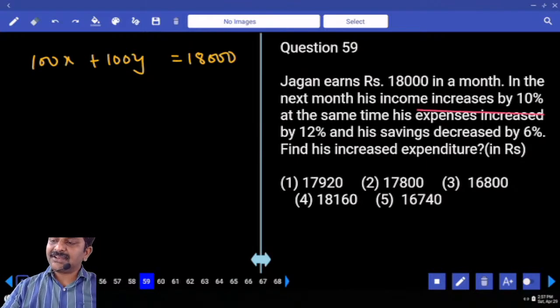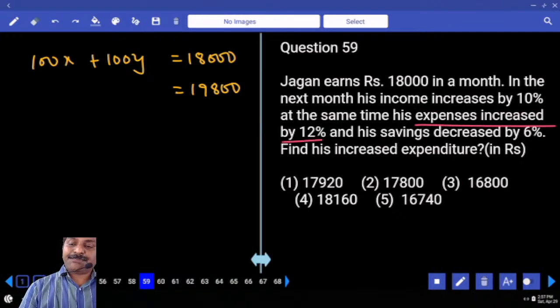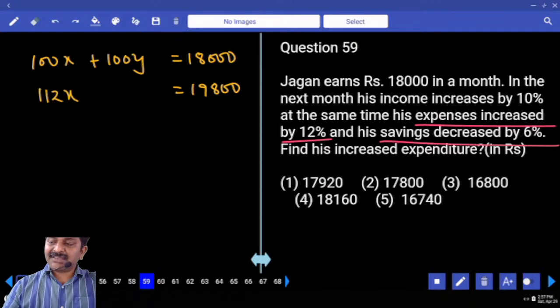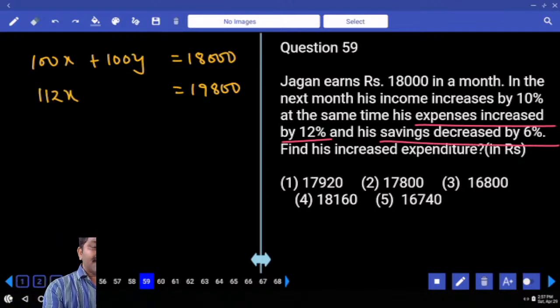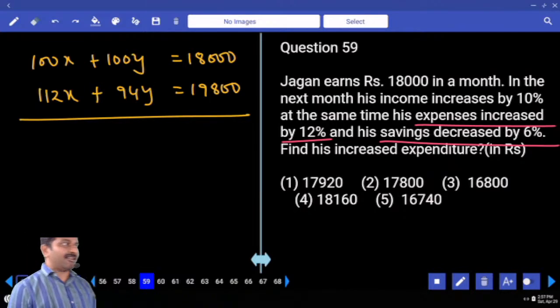Income increased by 10%, so it becomes 19,800. Expenses increased by 12%, that means 112x. Savings decreased by 6%, 94y. Two equations, two variables, x and y.